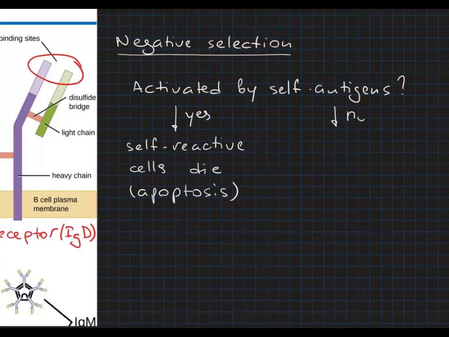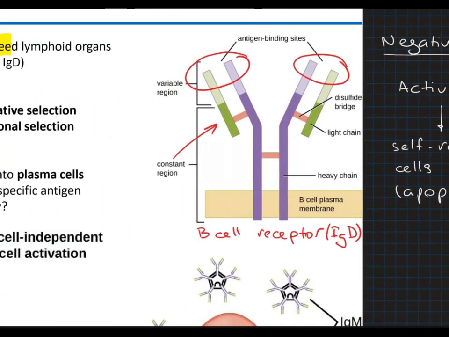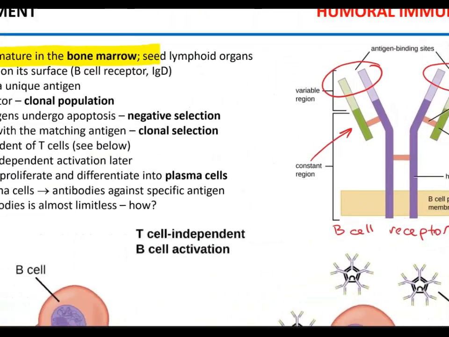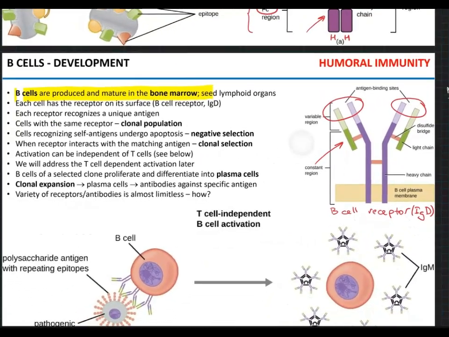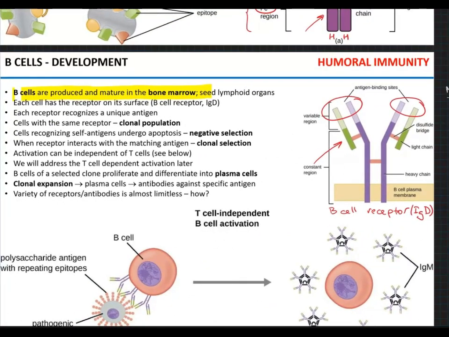If the answer is no, they survive. So ideally, as a result of that negative selection, you have a huge number of different B cells whose antigen binding sites on the receptors can recognize a huge variety of antigens.